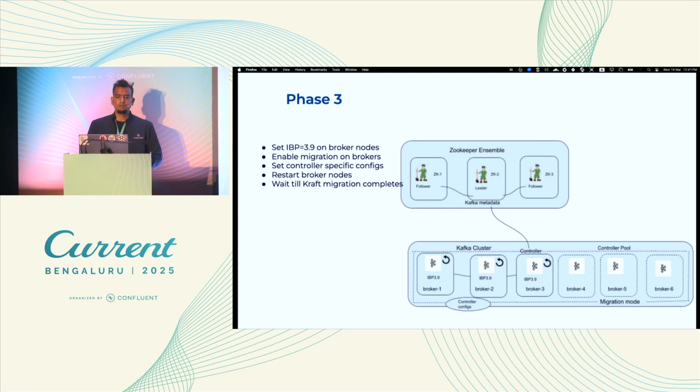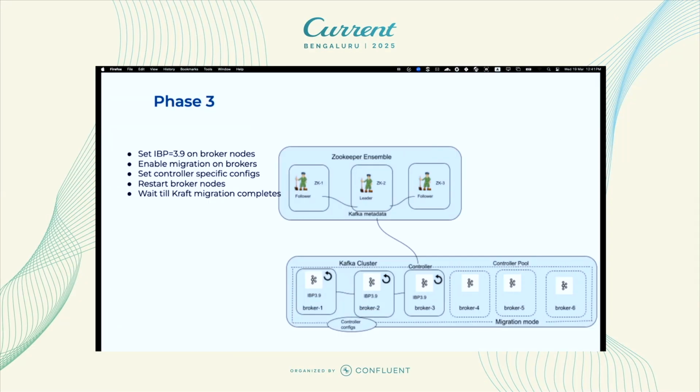In phase 3, we move on to the data plane brokers. We set the inter-broker protocol to 3.9. I've used 3.9 because I'm recommending upgrading to Apache Kafka 3.9. If you go with the migration from 3.7, you can set this to 3.7 as well.